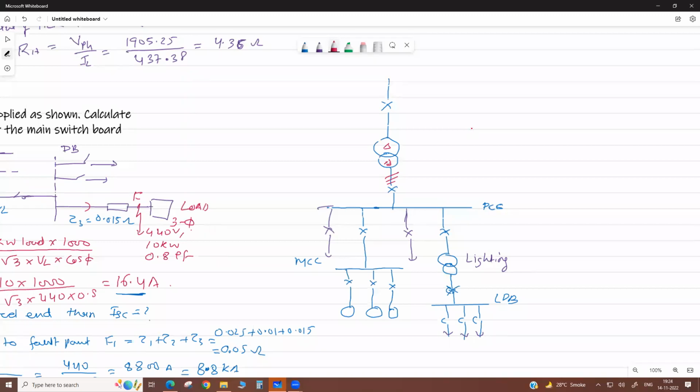In normal commercial supply, this is actually delta star, and it is grounded also. Now we get a 3-phase 4-wire system. So between any phase and neutral we get 230 volt. Correct? Now here it is 440 volt.